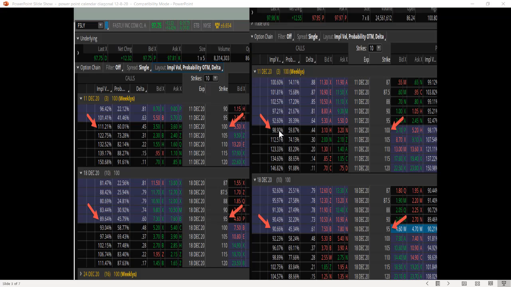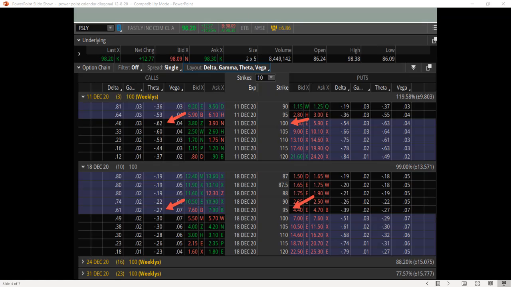Going out today into the close, you can see how this dropped. It was 111 in the morning and dropped to 98.9 in the afternoon, while the implied volatility of the back option went up. That's the perfect scenario. Plus, we get the benefit of theta decay. The December 11 $100 call that we sold short had a theta of 62 cents in the morning, and the 95 call we went long on the 18 December had 27 cents.